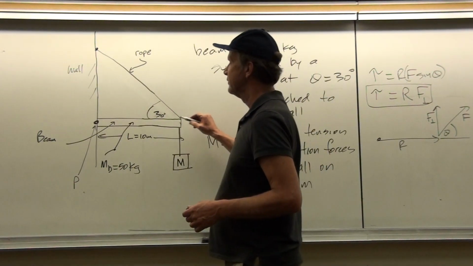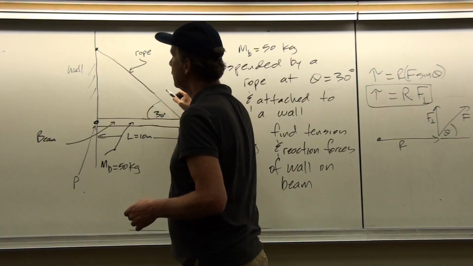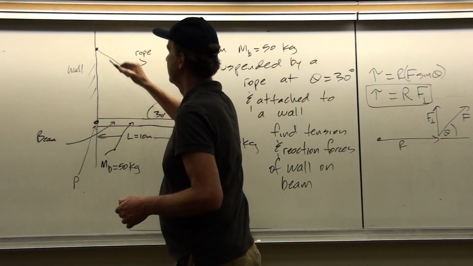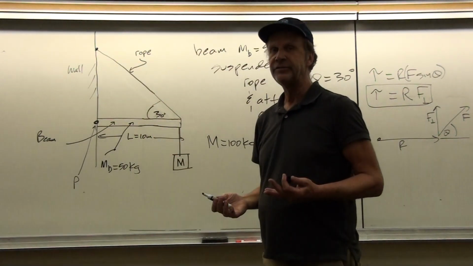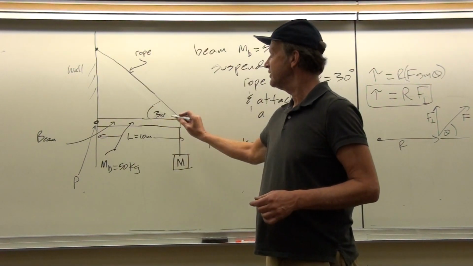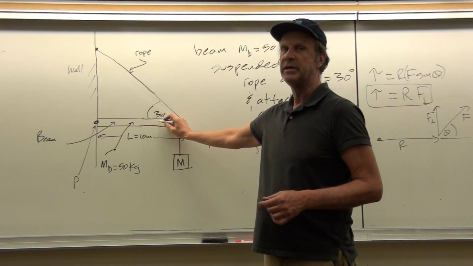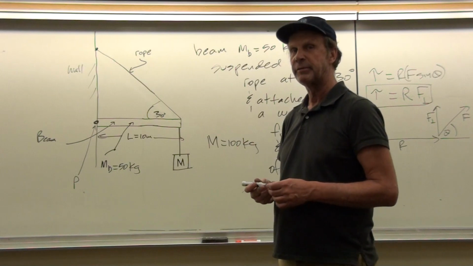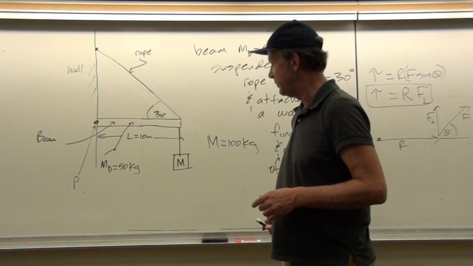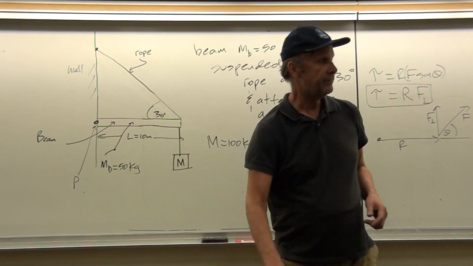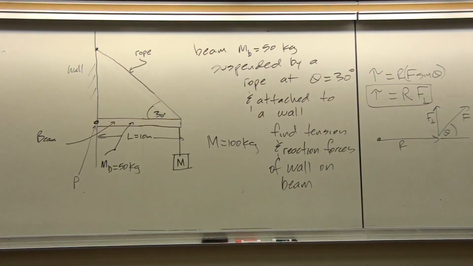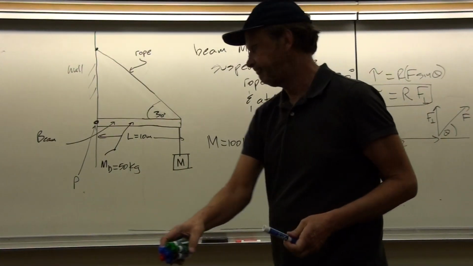We've got the force of the beam acting on the wall. We've got the force of the rope acting on the wall. But that's not what we're interested in this problem. We're just interested in forces that act right on the beam. So those are the only forces we want to draw into our force diagram, because otherwise we're going to be confused by forces that don't matter.